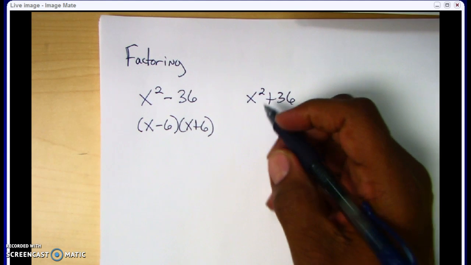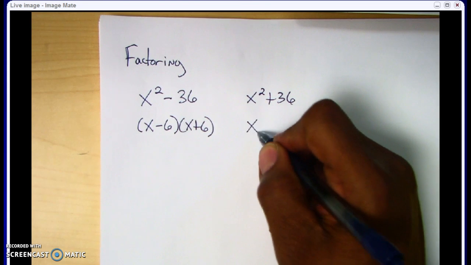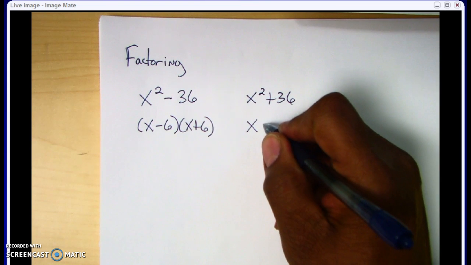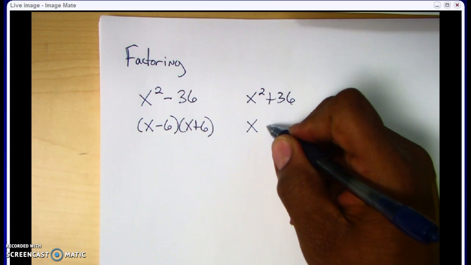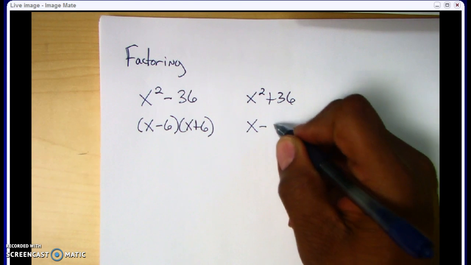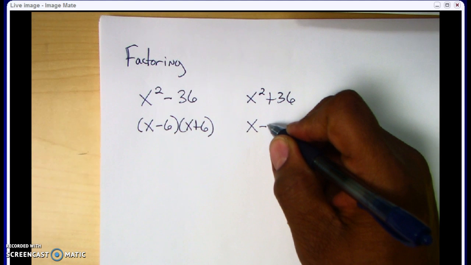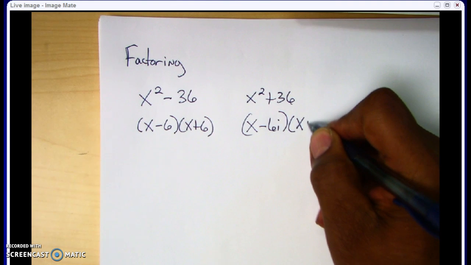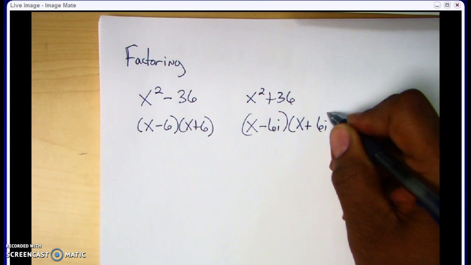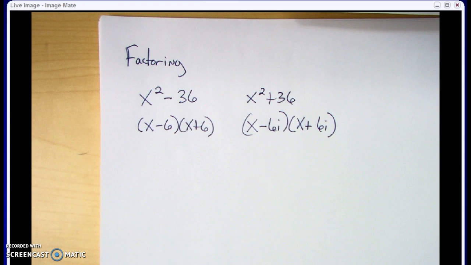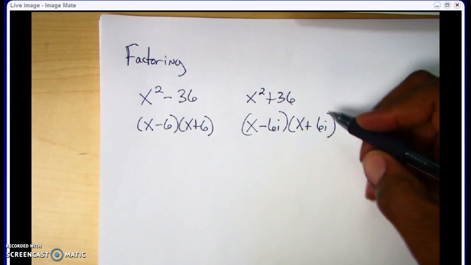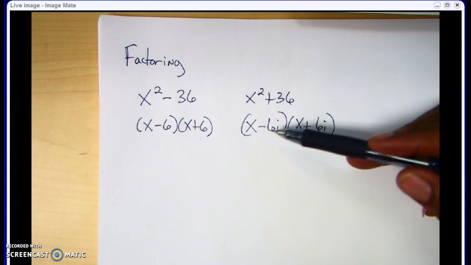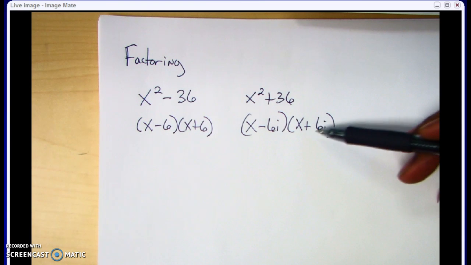But then as we moved on to one of those chapters, we encountered imaginary numbers, and we discovered that you're going to go through basically the same mechanics here, but you're going to end up with this: x subtract 6i, and then x plus 6i. All right, and that's how you handle that. So you got to remember that if it's addition, it's still plus or minus, but you got to throw that i on there.